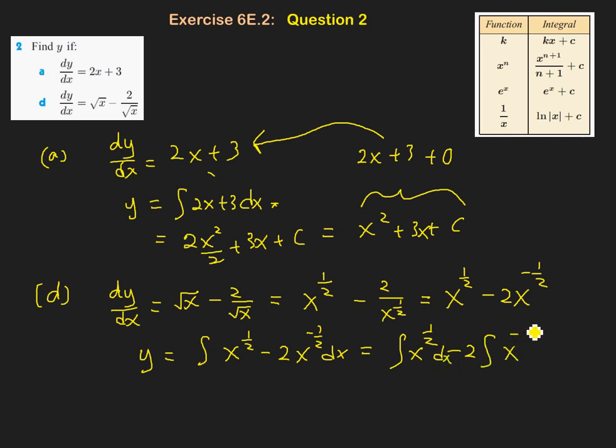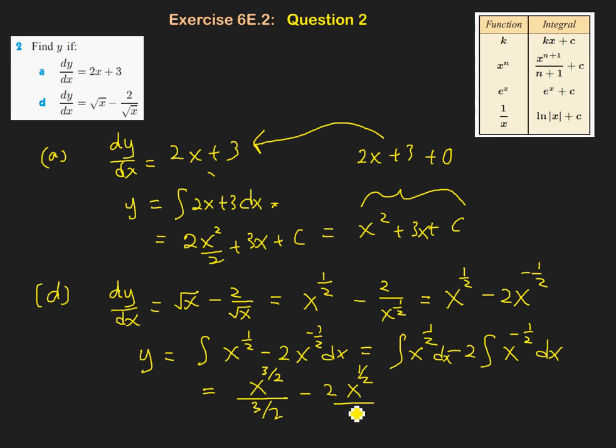So it's going to add 1 to the power, so it's going to be 3 over 2 divided by 3 over 2. For this x term, we add 1 to negative half, so you get half over half.